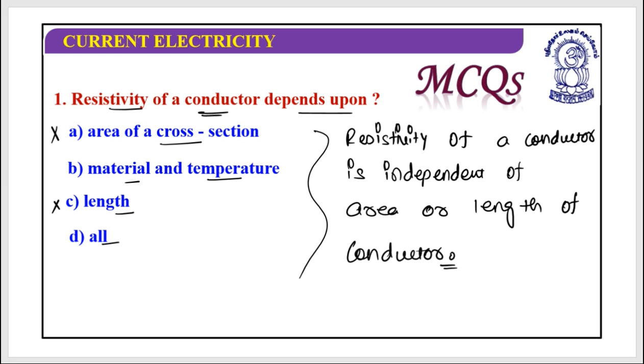It does not depend on the cross-sectional area or length of a conductor. So it depends on the material and it depends on the temperature. I hope these things are clear.